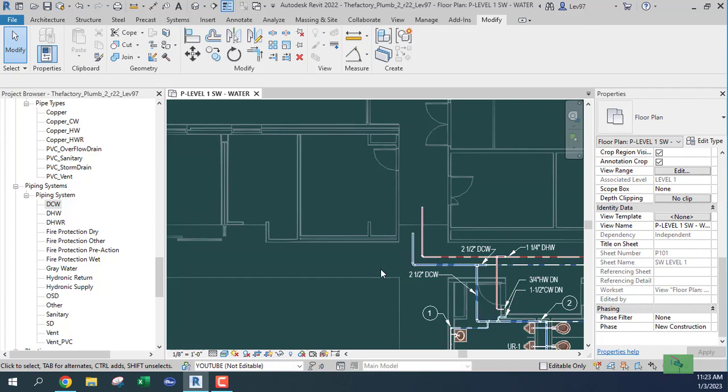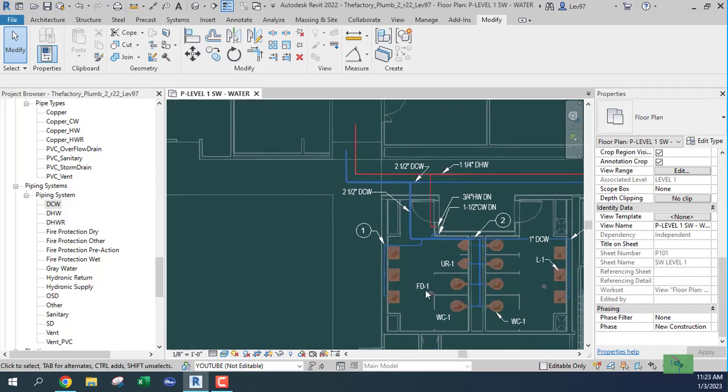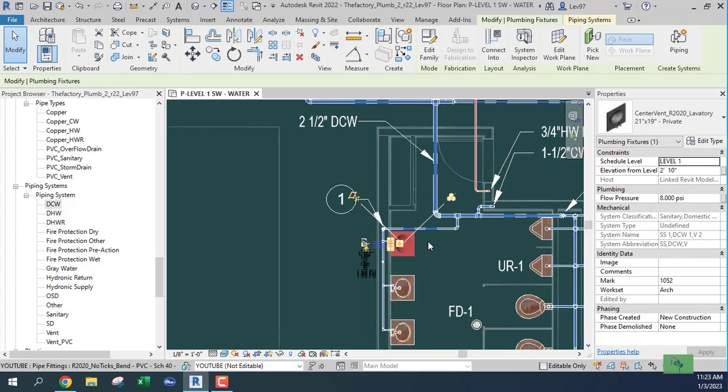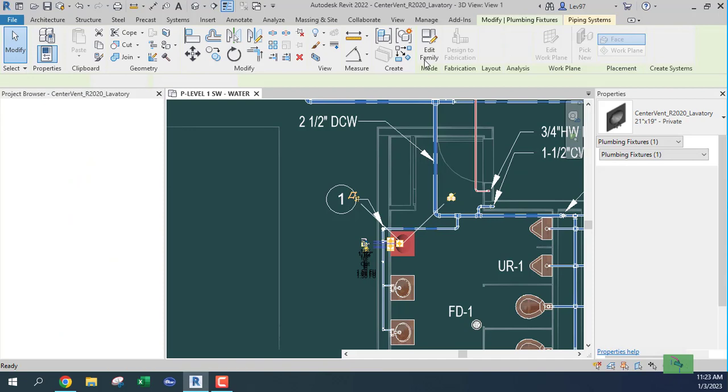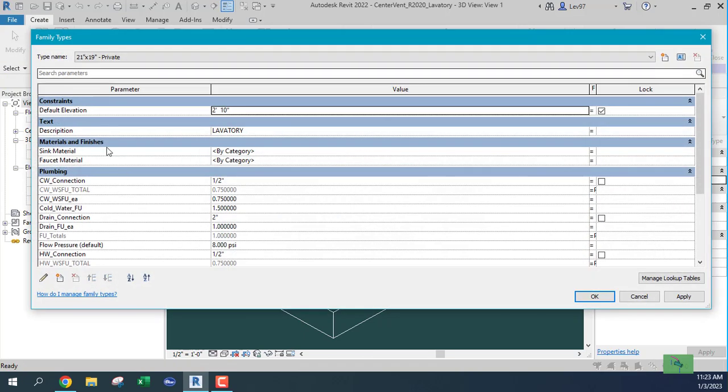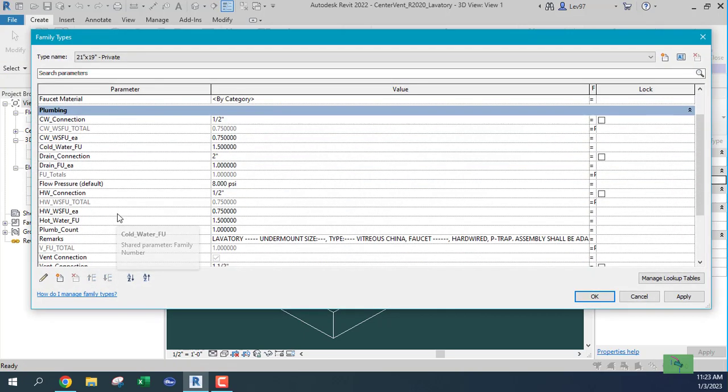But if I increase my fixture units for the hot water, let's use this lavatory as an example. So I'm going to go in and increase my fixture units for the hot water, okay? So let's go down and change this hot water fixture units from 1.5 to, let's say, 25 fixture units.